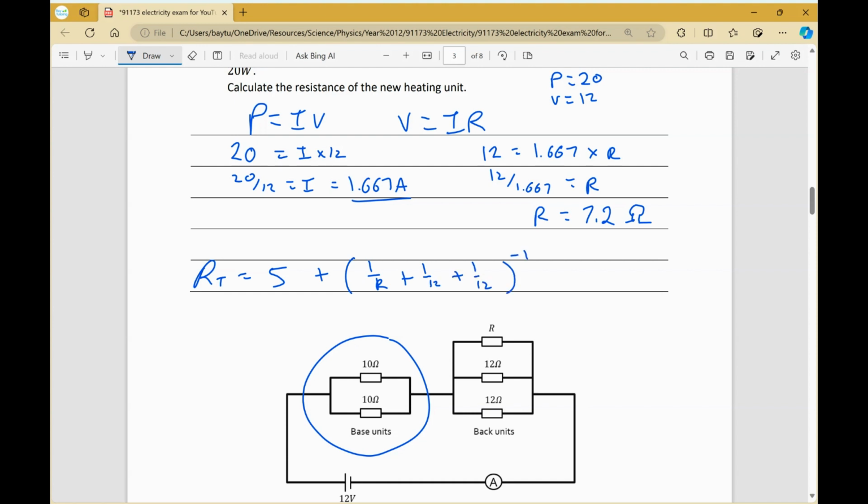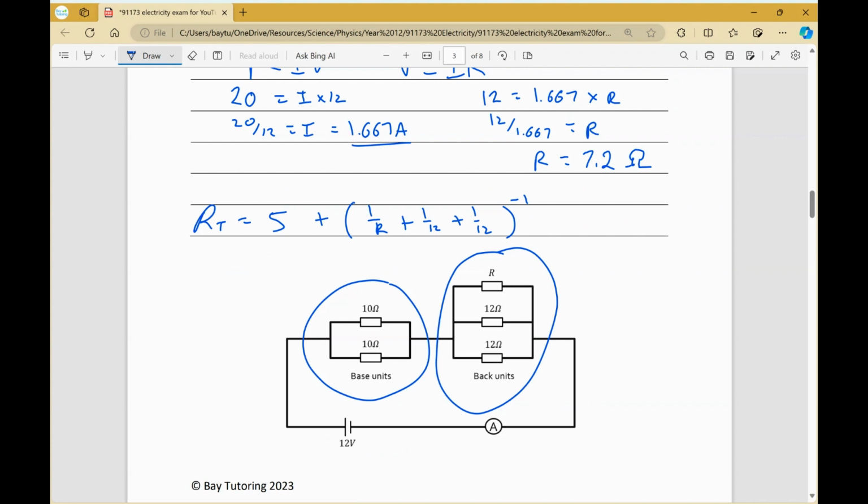We'll inverse that. Okay, so we've got 2.2 equals 1 over R plus 2 over 12. And so this is all still to the power of negative 1. So inversed.